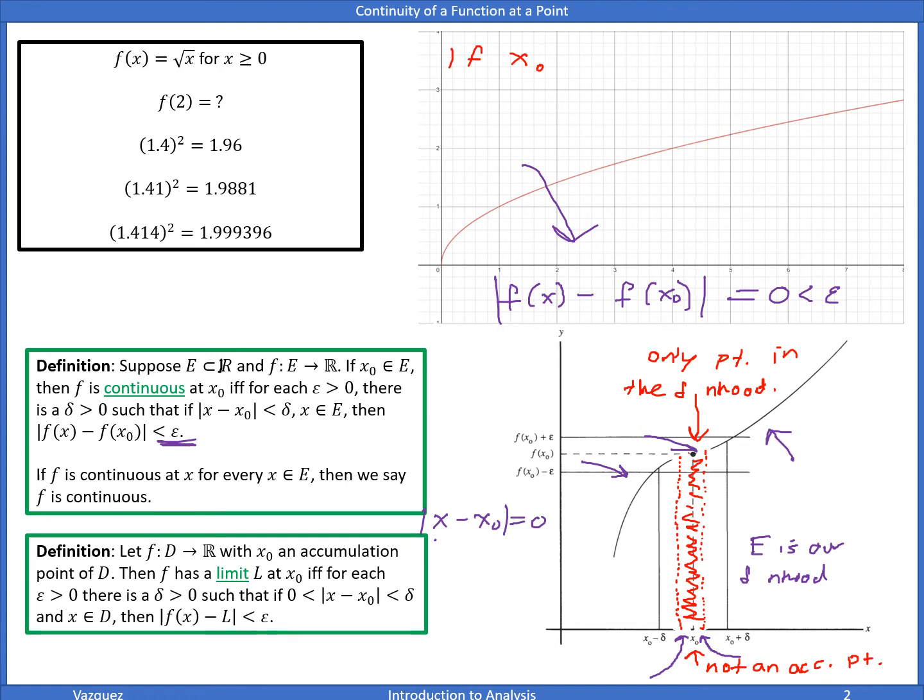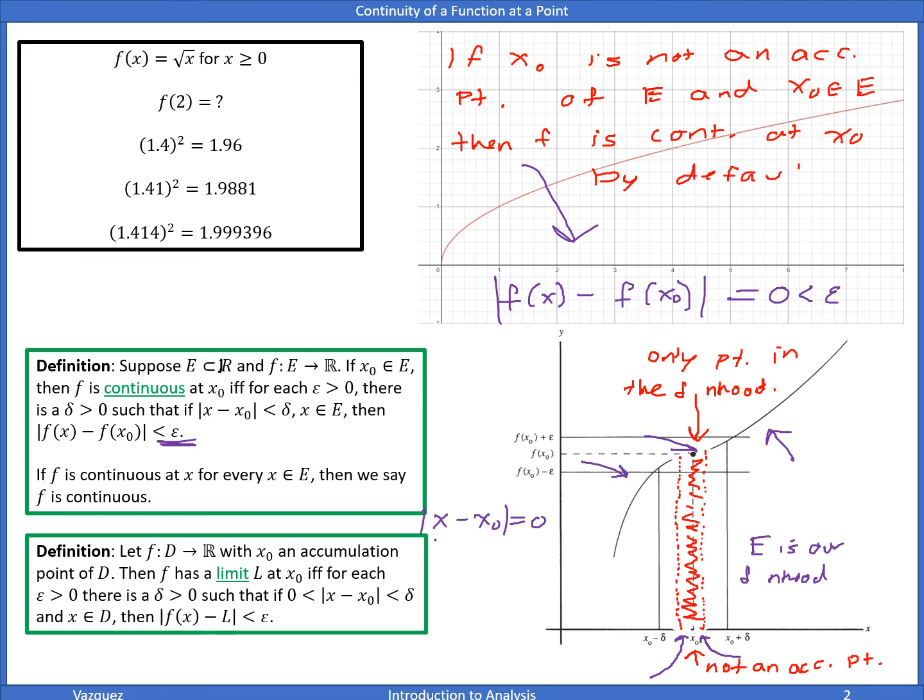If x naught is not an accumulation point of E, and x naught is in E, well then our function, I'm just calling it f, is continuous at x naught by default. Right.